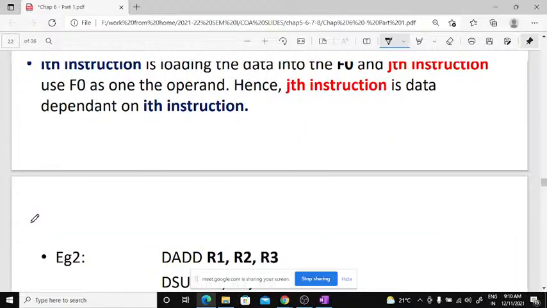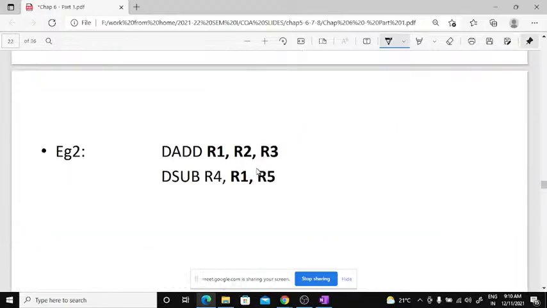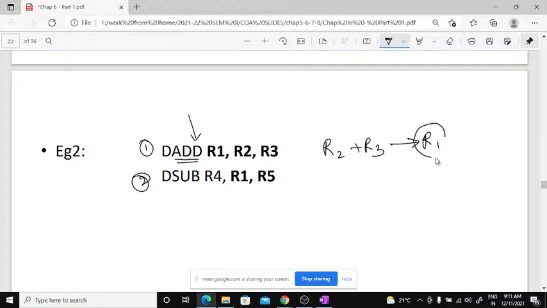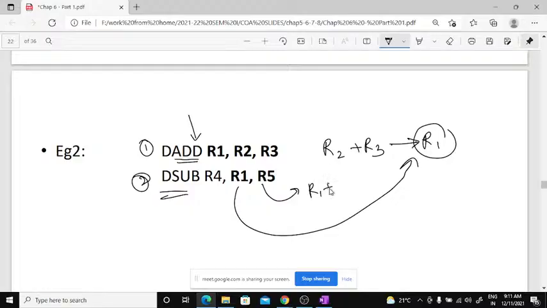Here we discussed an example: this is the first instruction, this is the second instruction. While executing, this is a double word add type of instruction: the addition of R2 plus R3, storing the result in the R1 register. The second instruction uses the value of R1 plus R5, because it should get the updated value of R1.